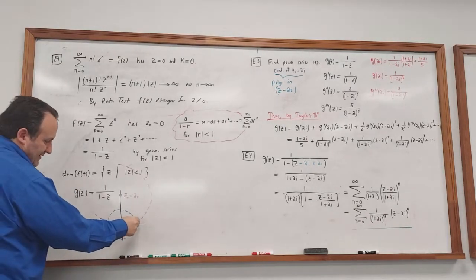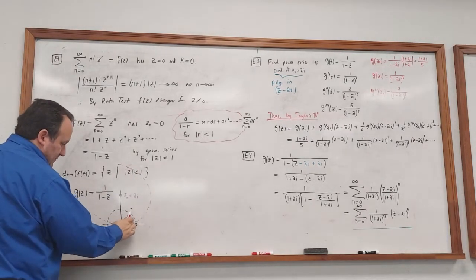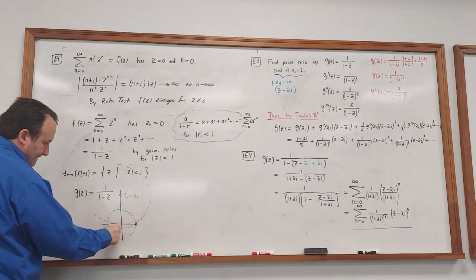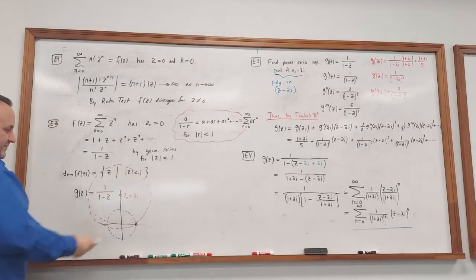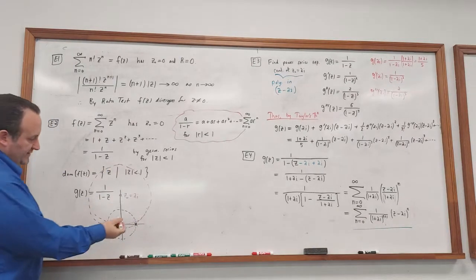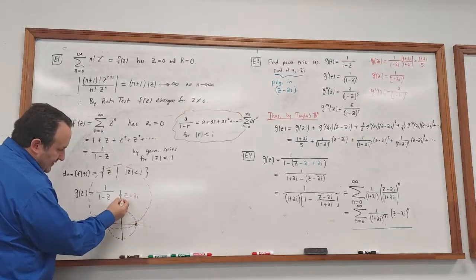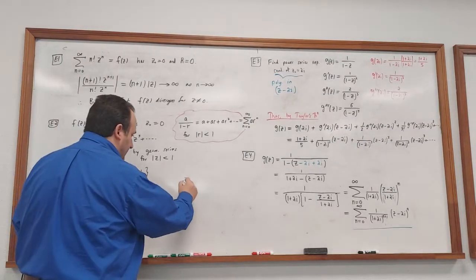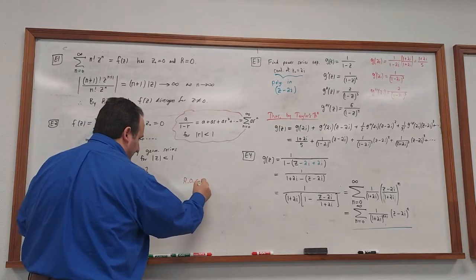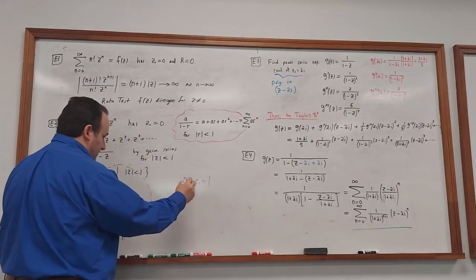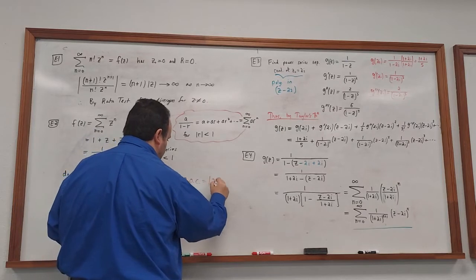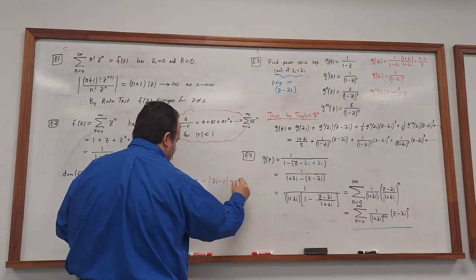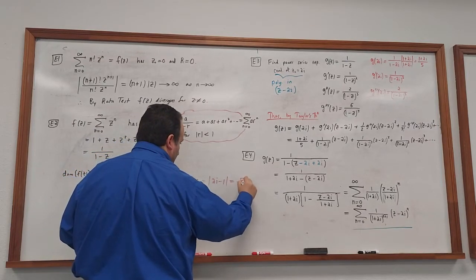I didn't do it quite right. Something like that, right? The radius of convergence should be the distance from 2i to the trouble point, so the distance from 2i to 1, so the modulus of 2i minus 1, aka square root of 5.